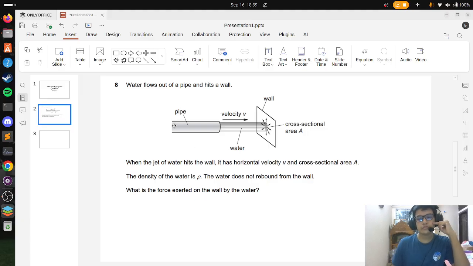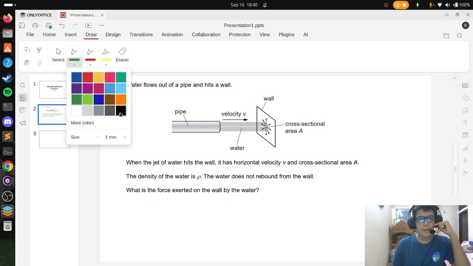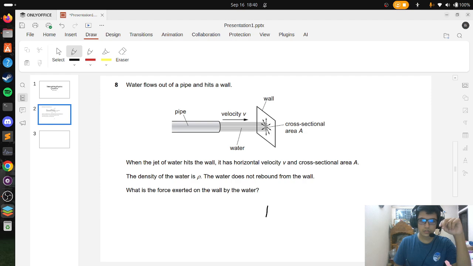So we can think of something interesting here. Let's see if my pen is working. Yeah, it's working. What we can see is that this water is coming, and the cross-sectional area here is the circular pipe.